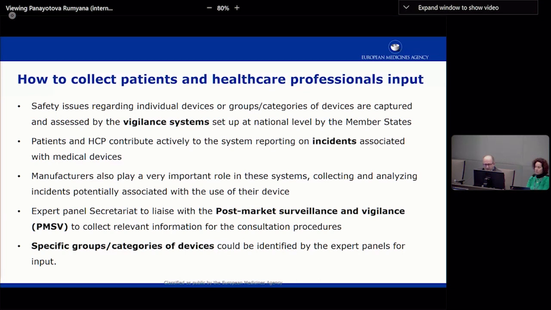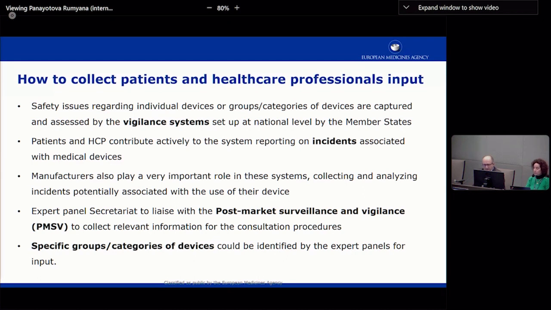Manufacturers are also a very important part in these systems, and we are currently liaising with the expert group at the Commission, where these issues, after they were analyzed by the member states, are then discussed at a higher level, and then we'll try to liaise with them to collect this information for our consultation procedures.